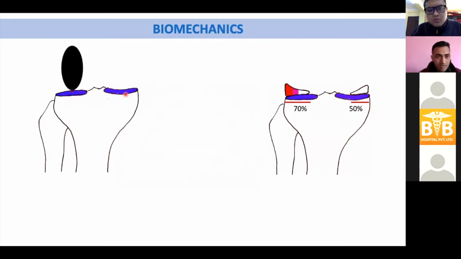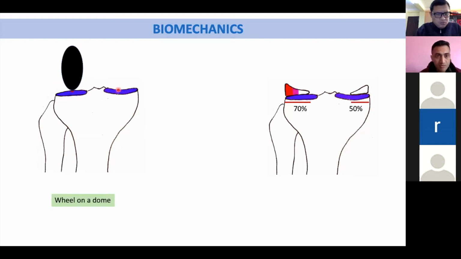So let's imagine a wheel on this structure. This is something like a wheel on a dome, and this is equivalent to the femoral condyle. There's a small portion that comes in contact with the lateral tibial condyle, while in the medial one, a larger portion comes in contact with this wheel.